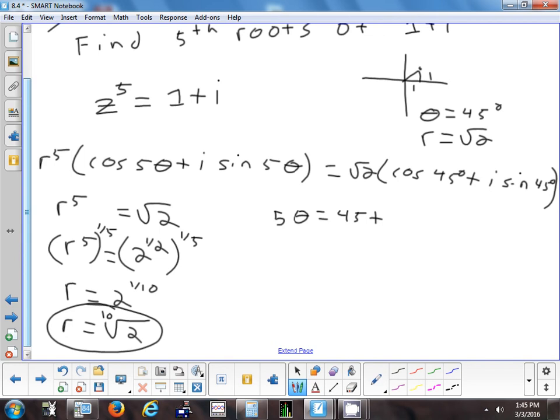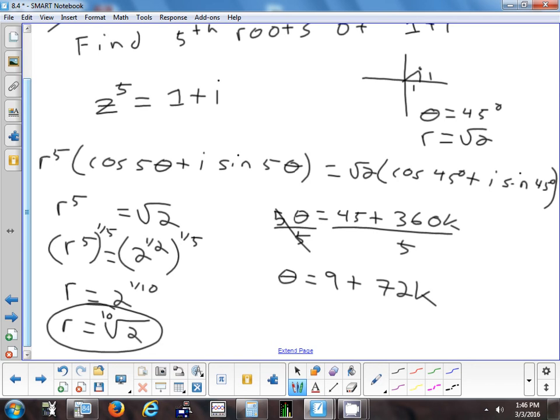So let's do plus 360k this time. And how do I get the 5 on the other side? Divide by 5. Okay, so we get theta equals, what's 45 divided by 5? 9. And 360 divided by 5 is 72. So we're not going to get nice angles here.